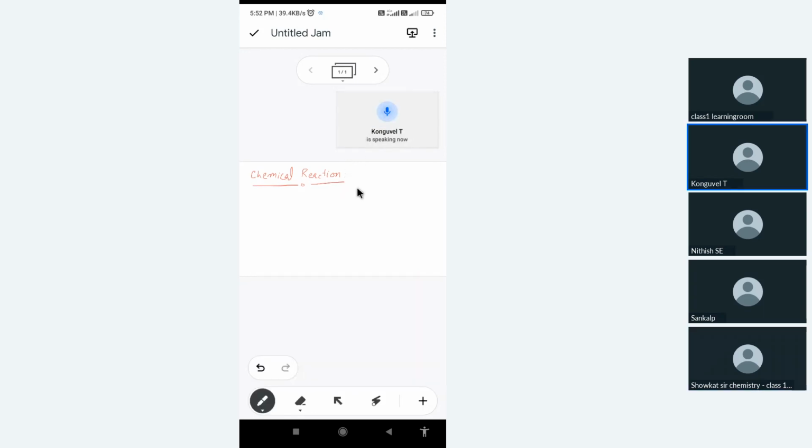Sir, it is the writing down of a chemical reaction. No, what is a chemical reaction? Oh, sorry. A chemical reaction is when two products combine to form one new product with new properties. Exactly. So I may write: a process in which a new product is formed having new properties.